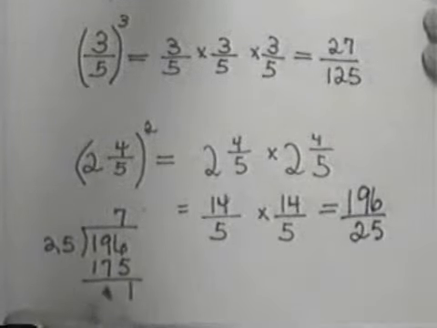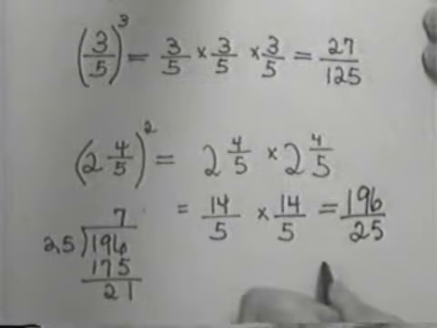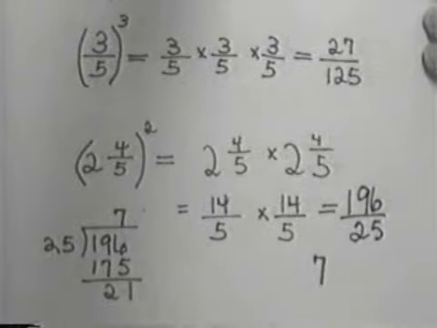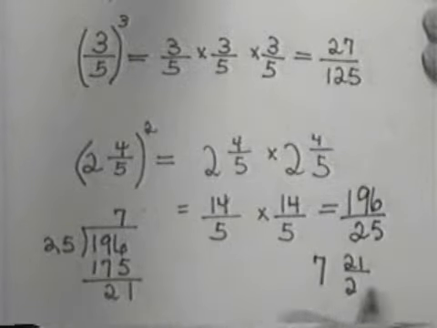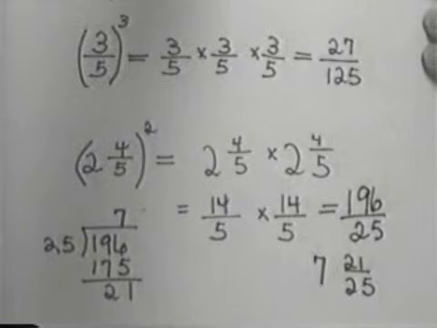And when we subtract, we get 21. So our mixed number is 7 wholes and 21/25ths. So an acceptable answer would either be 196/25 or 7 and 21/25.